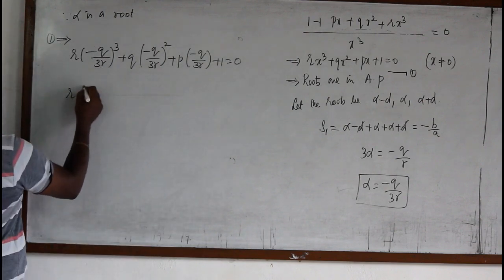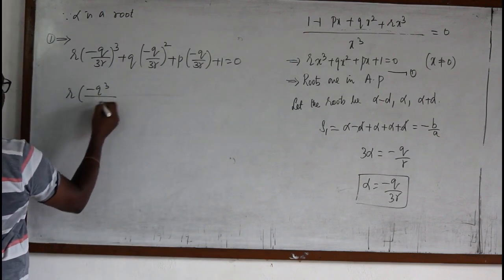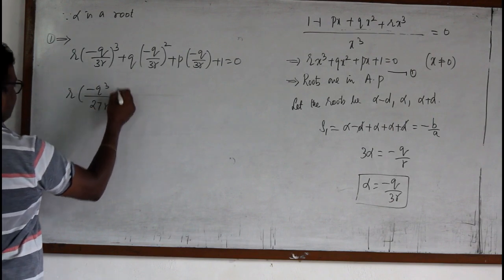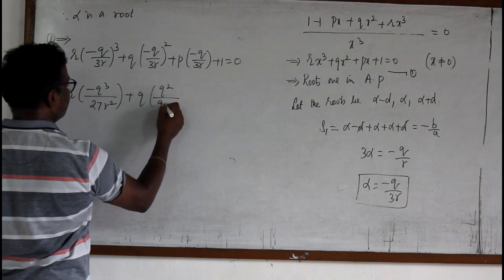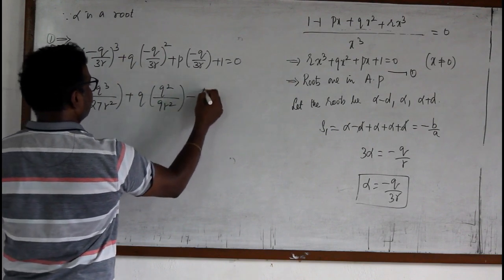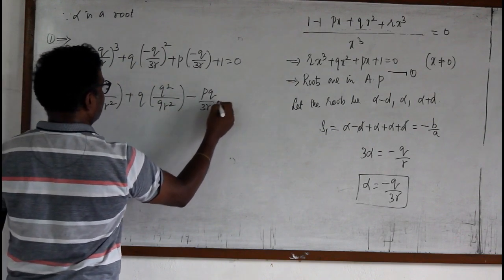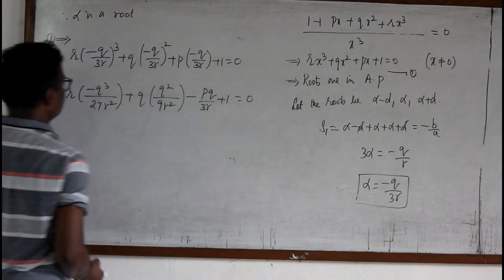It is r into minus q cube by 27r square, plus q into q square by 9r square, minus pq by 3r plus 1 equal to 0.